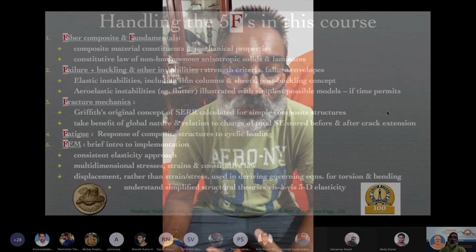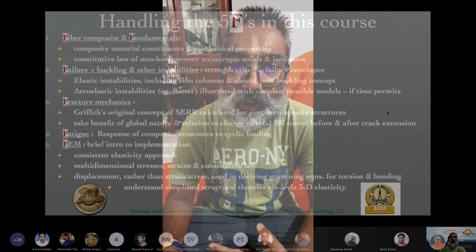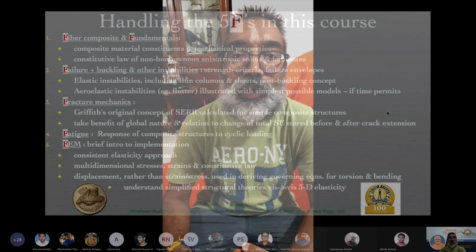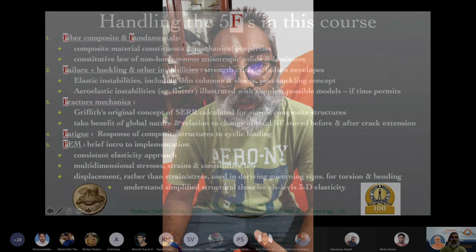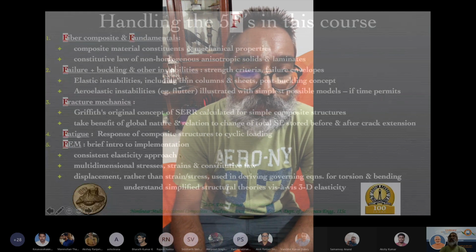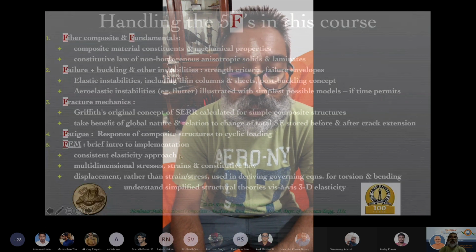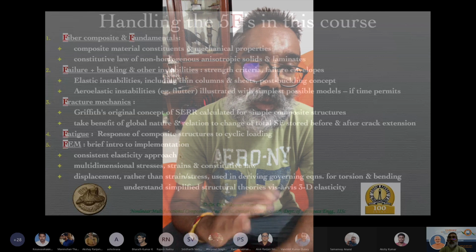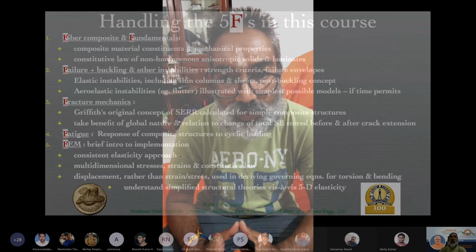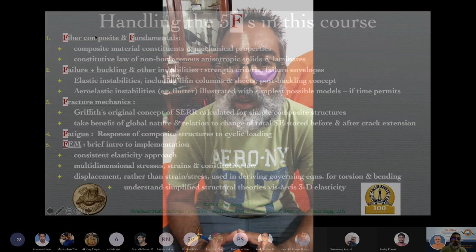And finally, finite element analysis. The way we will expose you to it in this course is through a very brief introduction to the implementation without going into the coding aspects, by using again what we studied as part of the fundamentals through a consistent elasticity approach. Many people introduce finite elements in a very ad hoc way, so we'll not do that.